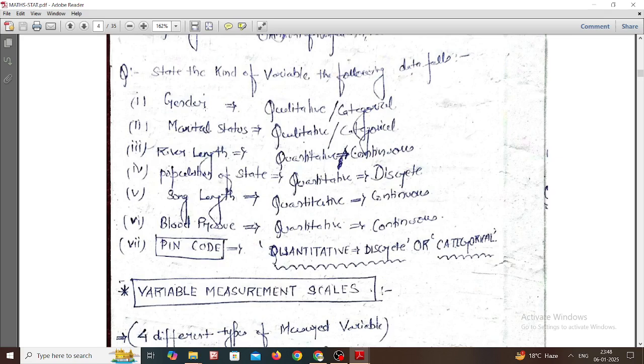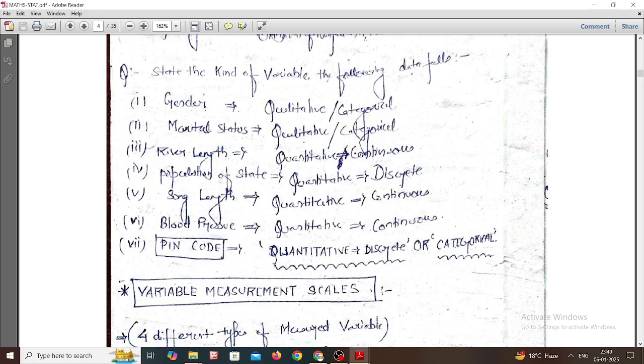River length. Here we will get numbers, so this is quantitative, and at the same time this is continuous because decimal places would come. Population of a state: this would be a numeric figure, so it would be quantitative, but it would not be a fraction value.